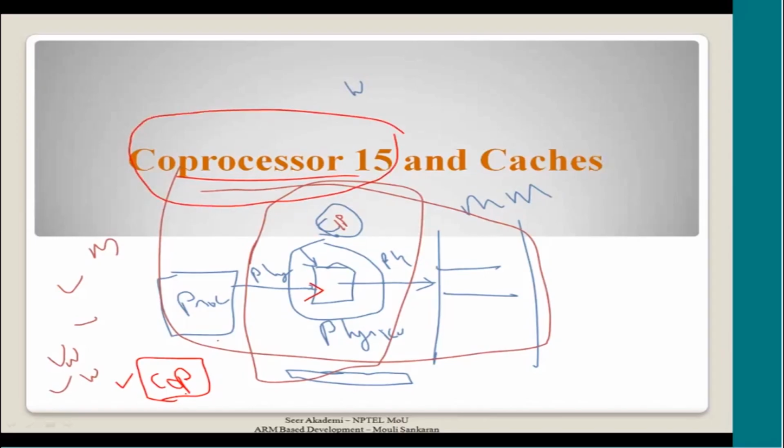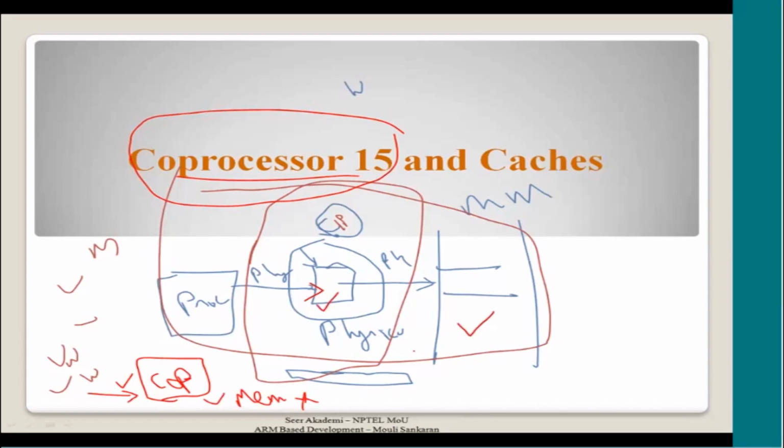The reason being, accessing the coprocessor is not a memory cycle. Please remember, it has nothing to do with memory access. Whenever you do a memory access, only then does the cache controller come into play.